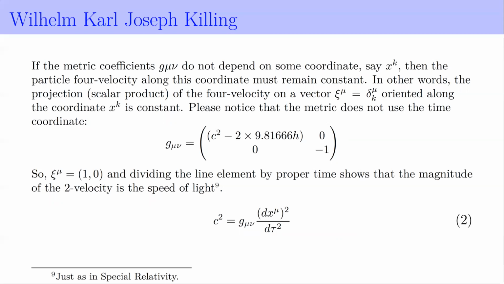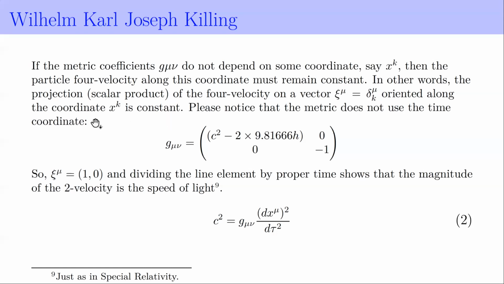This is the invariance of a Killing vector. In other words, the scalar product of the four-velocity with a vector psi is equal to delta, where delta is 1 if mu and k are identical, otherwise 0.